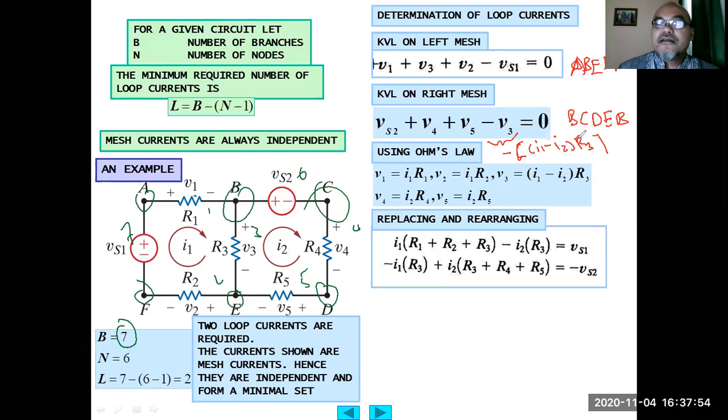So that's why it becomes negative I1 R3, and negative times negative becomes positive I2 R3, this term.